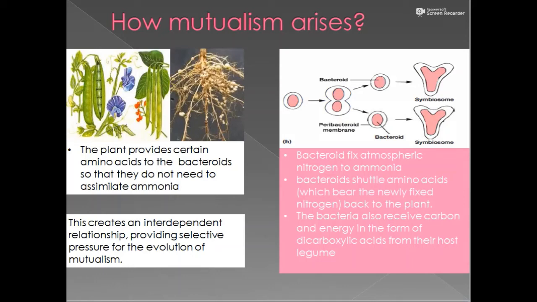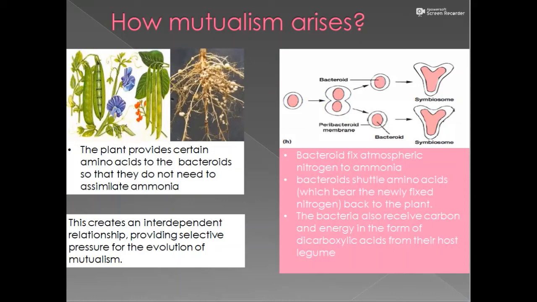So the plant is giving amino acids to the bacteroids as well as carbon and energy, and the bacteroid will fix atmospheric nitrogen to ammonia and shuttle it to the plant. As a result, an interdependent relationship develops, and it provides a selective pressure for the evolution of mutualism in root nodules of leguminous plants.